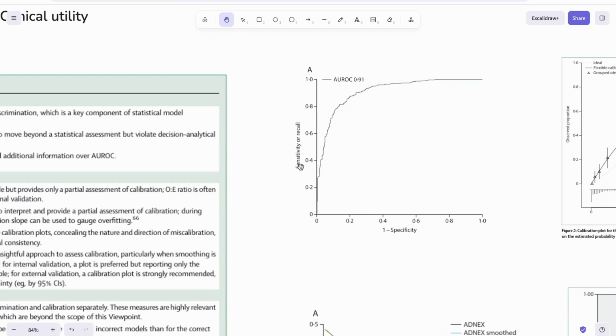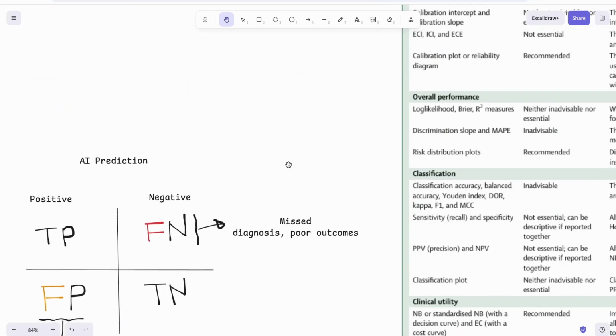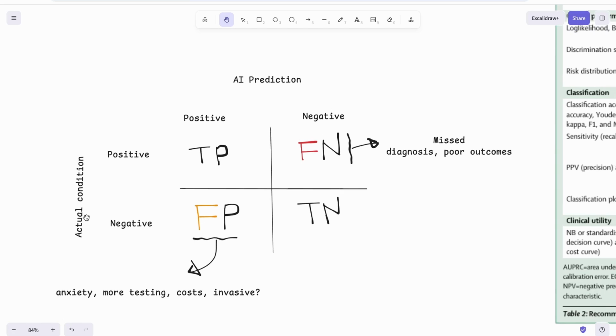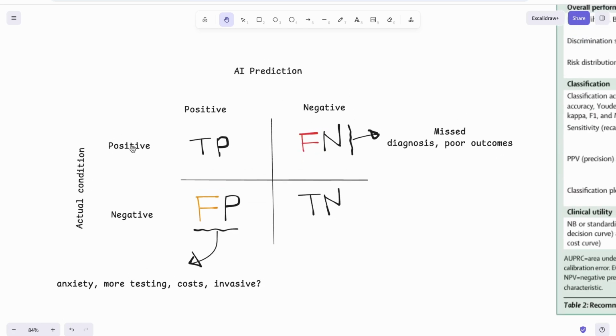And if you think about those two terms, you need to look at something called the confusion matrix. So this is if you have the actual condition, if the patient has the actual condition, and the AI prediction. So if the patient has the condition, positive, and the AI says it's positive, that's a true positive. But if the patient has it, so positive, but the AI could not identify it, let's say, then it is negative, and this is a false negative.